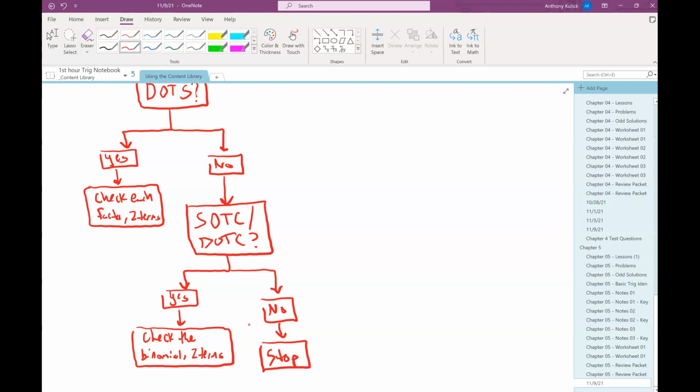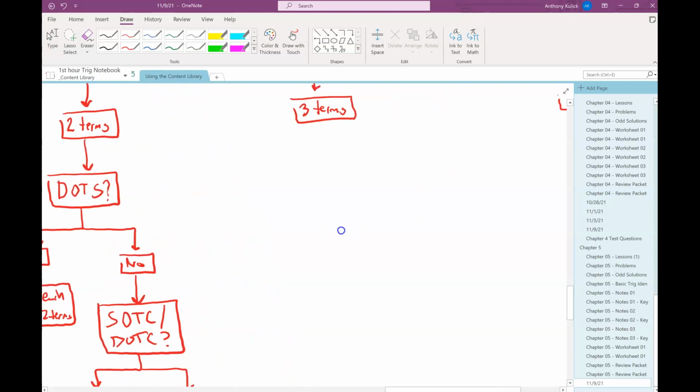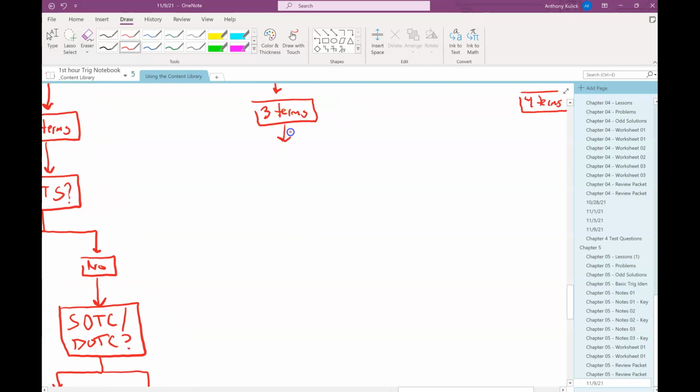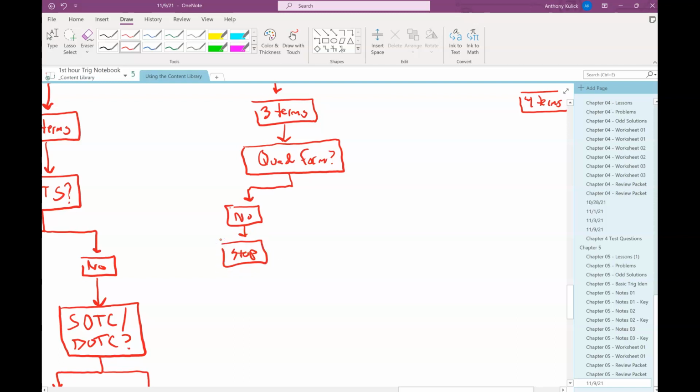Okay. Tyler? Of course. All right. 3 terms. The first thing we're going to check for is, is it in the quadratic form? If the answer is no, we're done. There's nothing more we can do with that. At least without doing the synthetic division stuff, right?